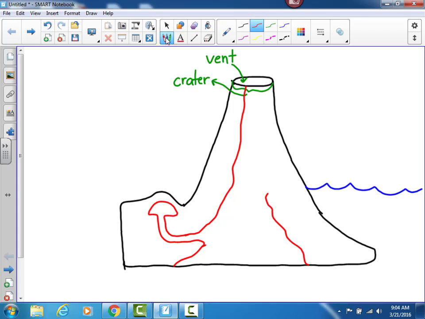All the way up to the vent. And on this side, we'll have a little fissure or a crack in the rock in the volcano. And again, all the way up to the vent.